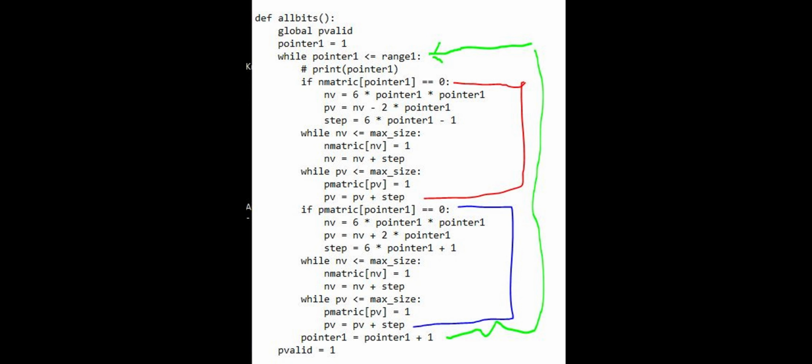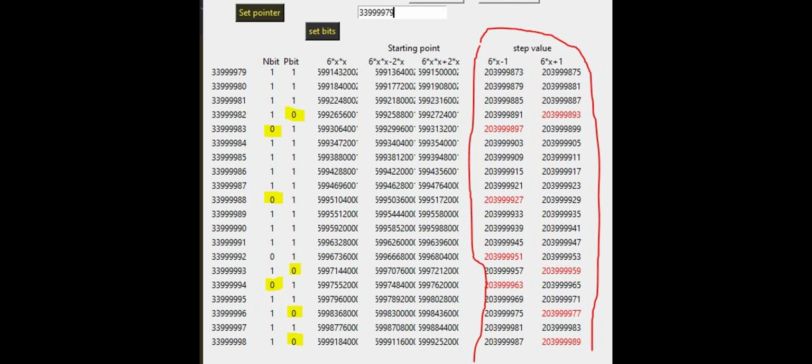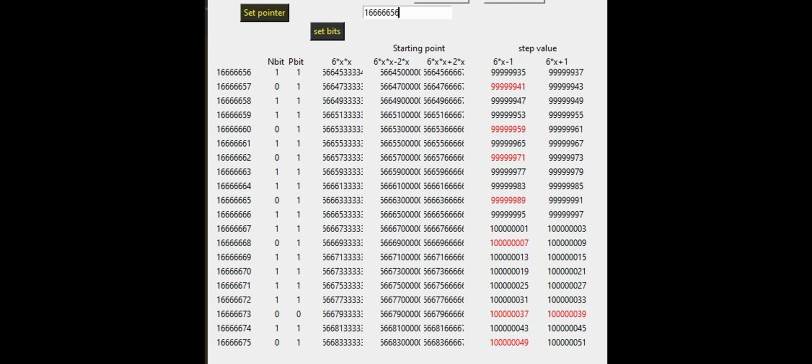Looking at the end of our 34 million bit array, we can see values that are set to 0. Those represent prime numbers, as shown in the red letters, which is actually 6x minus 1 or 6x plus 1, depending on whether it's the N array or the P array, and those values are prime, as shown. If we wanted to find primes around 100 million, we would set our pointer to 1/6 of that, which is about 16,666,667.